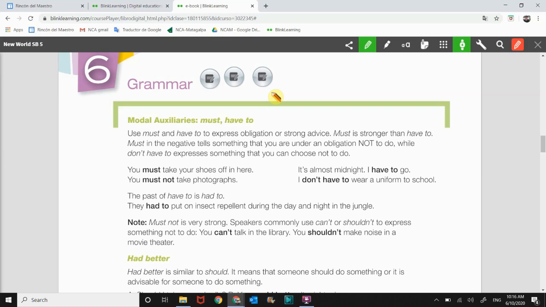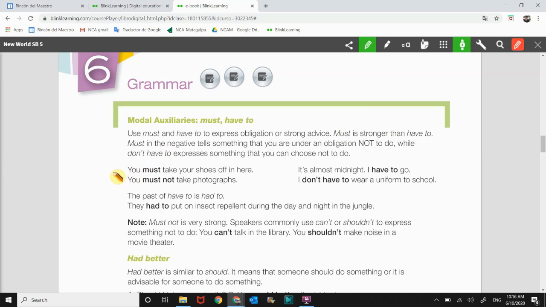Must in the negative tells something that you are under an obligation not to do, while don't have to expresses something you can choose not to do. So when we say stronger, for example, if I say you have to do this, it means you should. But if I say you must do this, that means there's no choice. So let's read some examples.